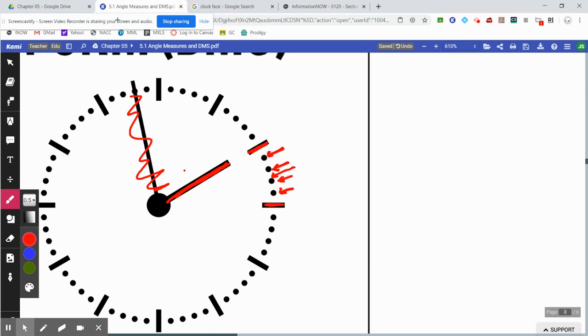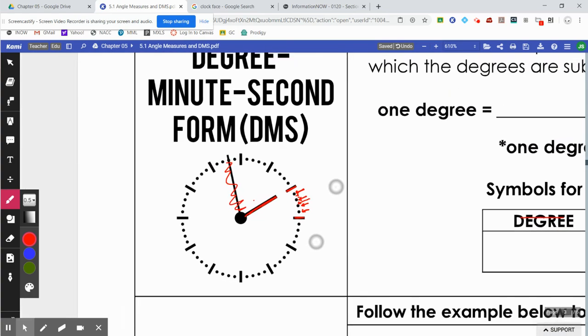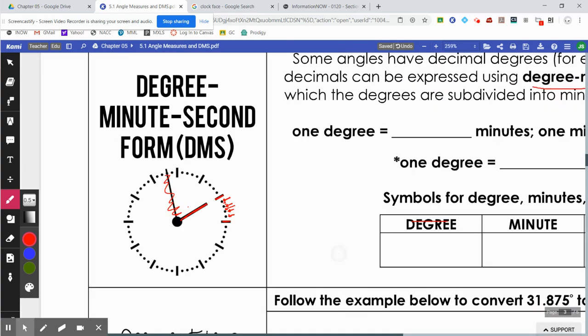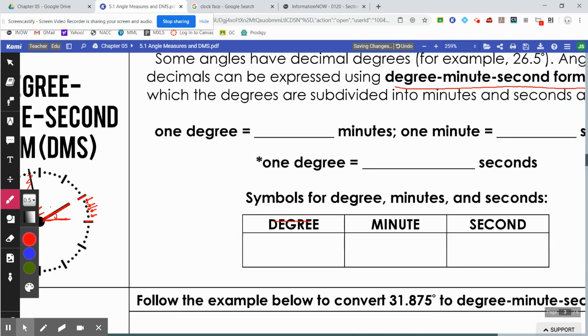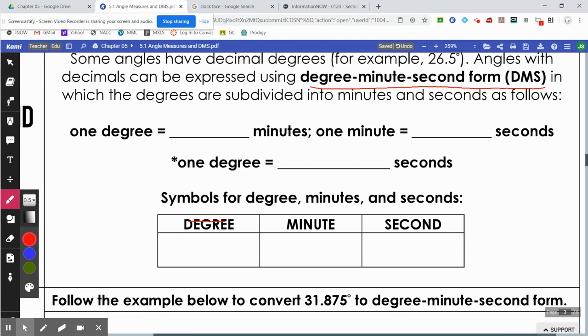And then even between those minute values, you have lots of little sub intervals that would represent second values. So the same way that a clock, as that hour hand moves, you can think of the hour hand as being kind of like a degree measurement because that thing rotates in degrees. So the same way that a clock is divided up into intervals, so is a degree.